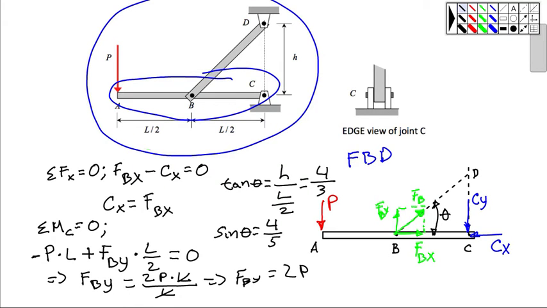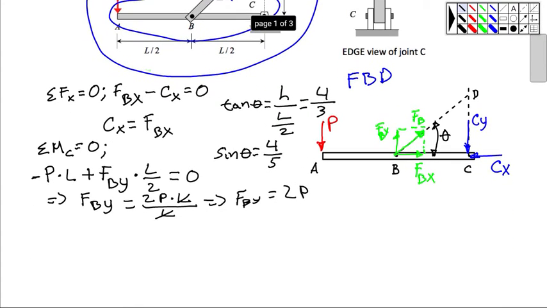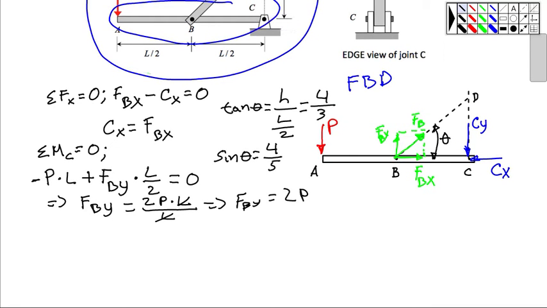Now we can find Fbx using the tangent. Tangent of theta is equal to Fby over Fbx.